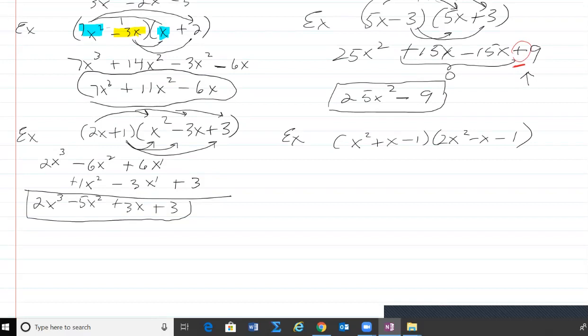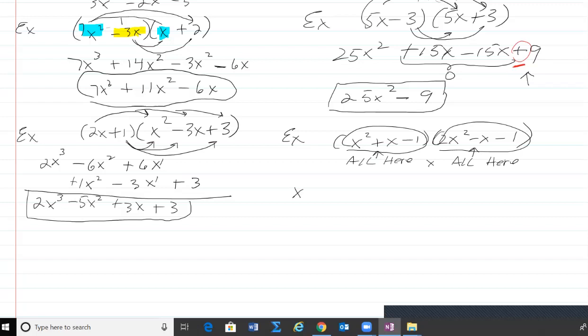Each one of these times each one of those. Basically, that's all it means. So everything over here times everything over here. And we'll do it systematically. That way we don't forget anything.